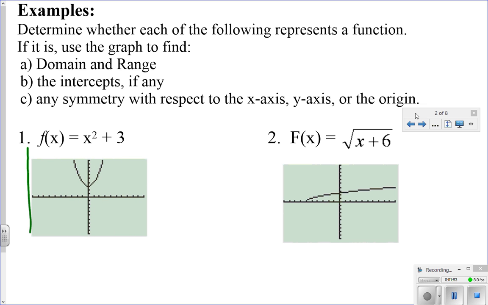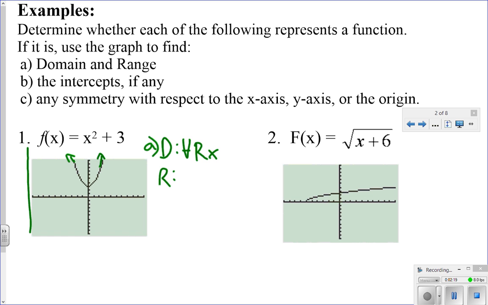So yes, it is a function. The domain of this function is any number I can square and add 3 to. This graph goes up and to the right to infinity and to the left and up to infinity. So our domain is all real x's.